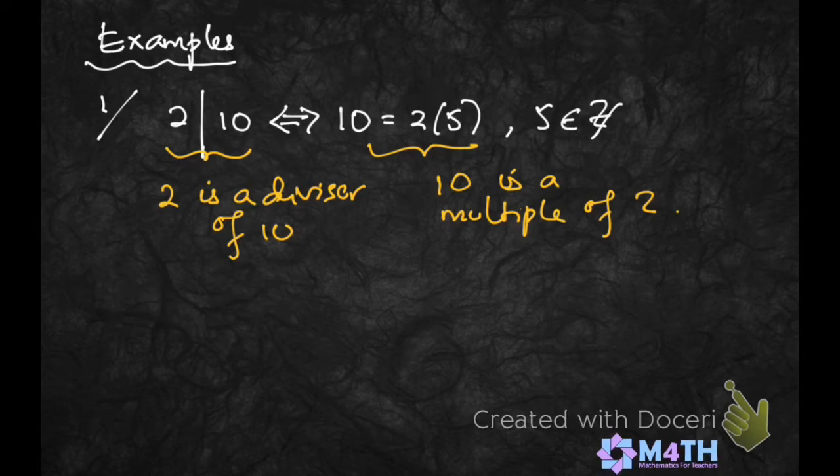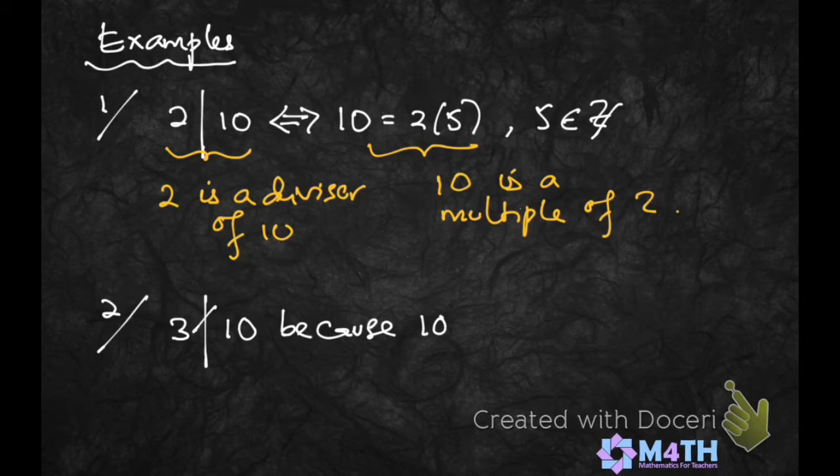Second example: 3 is not a divisor of 10. Why is that? Because if you write 10 as 3 times q, we want to find an integer q.